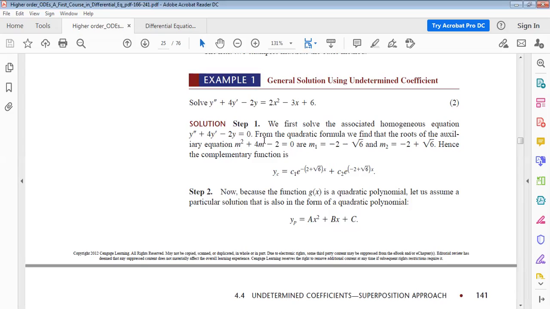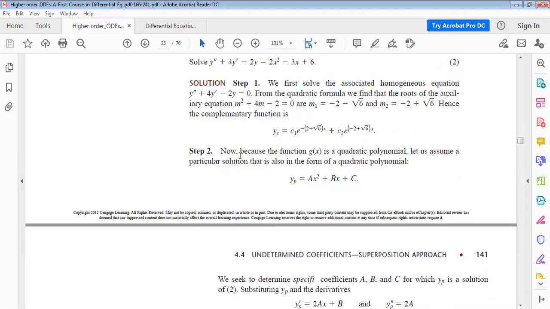After solving for m, we find two roots, m1 and m2. Hence the complementary function can be written as yc equals C1 e to the power m1x plus C2 e to the power m2x. These are the rules for writing the complementary function, which we saw in our previous lecture on the constant coefficient method.